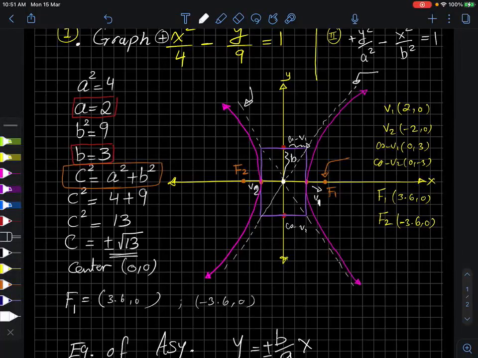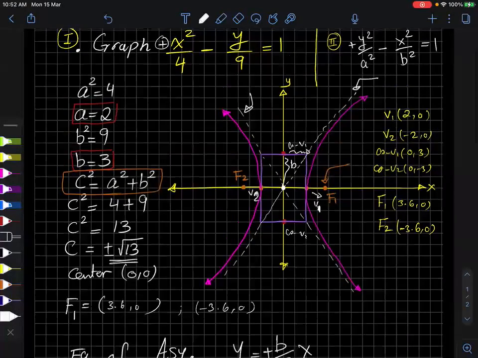Why right and left? Why not, guys, up and down? Because my positive sign is with the x squared. X squared comes first in my equation with a positive sign, so my branches are right and left. If the y squared in the second case comes first, guys, with a positive sign, then your branches of the parabola open up and down, okay? And plot your foci.